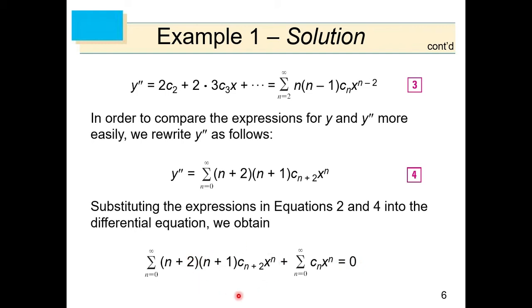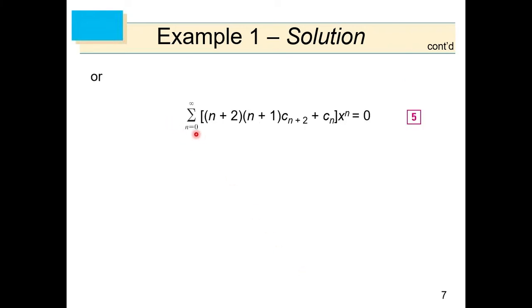Now take common x raised to n from both the terms. So we get summation n is equal to 0 to infinity of n plus 2 into n plus 1 into cn plus 2 plus cn, into x raised to n is equal to 0, which is equation number 5.